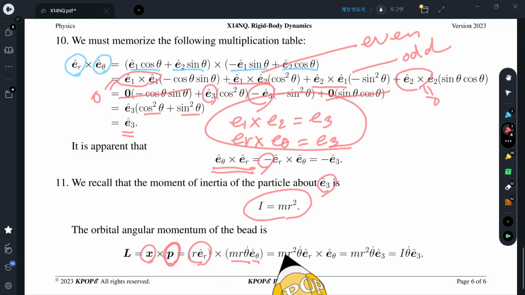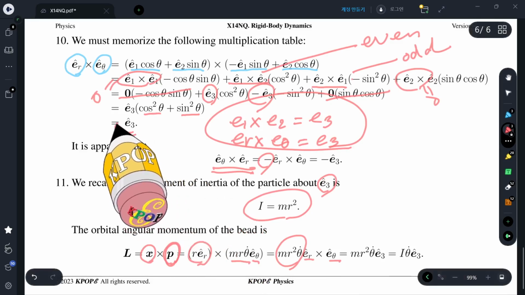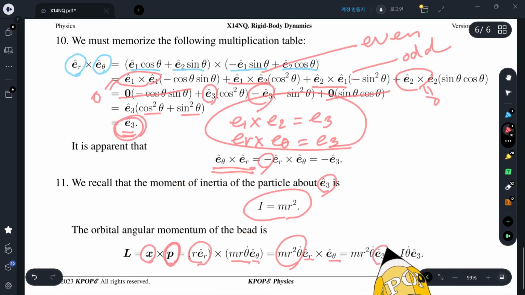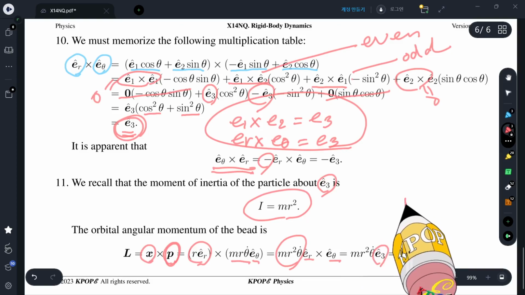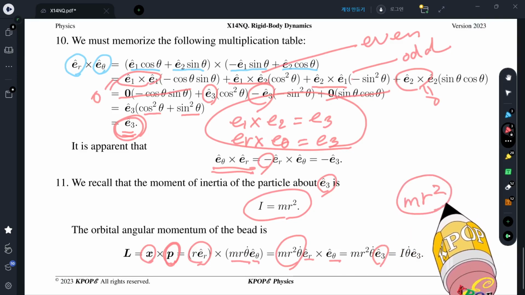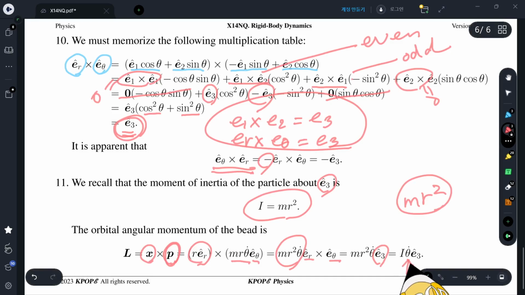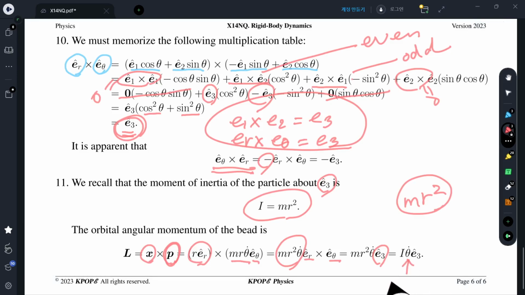We have m r squared theta dot and then E r cross E theta, and as we just have seen, it is E3 hat. In addition, mass times radius squared is the moment of inertia of this system. Therefore, it can be expressed as the moment of inertia I multiplied by the angular velocity, and the direction is along the positive z-axis.